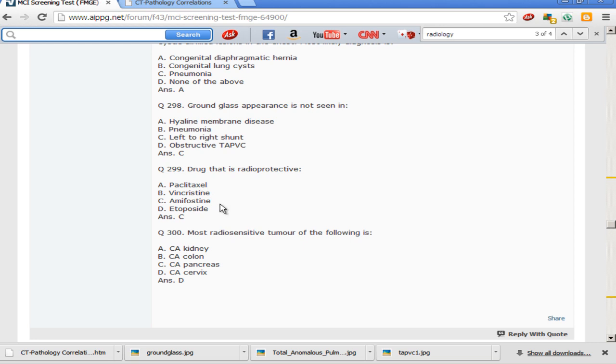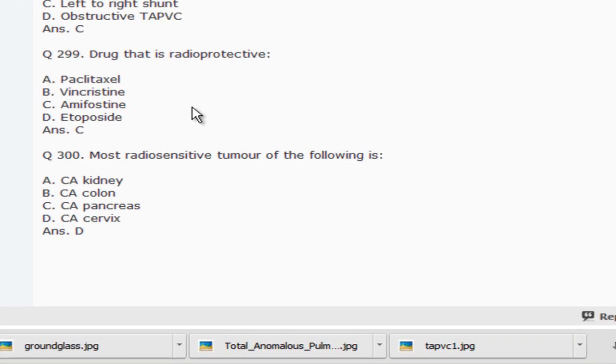The other options given are radiosensitizers. You should know a basic concept that any hypoxic cell is resistant to radiotherapy. You need higher doses of radiotherapy to kill a hypoxic cell. So they discovered a few drugs which can sensitize these hypoxic cells to the effects of radiotherapy.